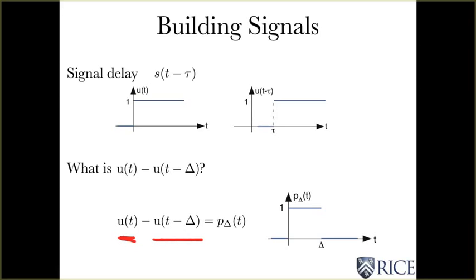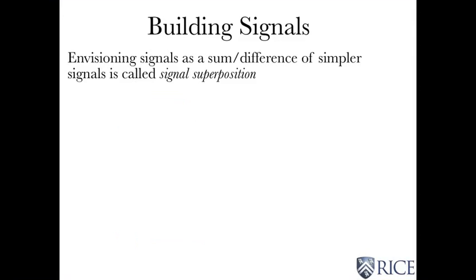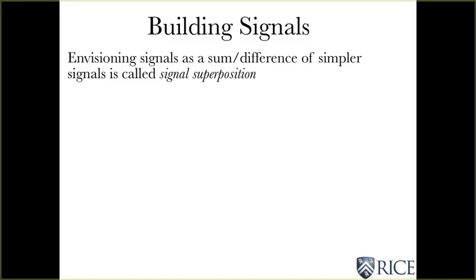I actually look at this pulse and I see those two components when I look at it. Well, let's try an example here to see how this works for a little bit more complicated case. So this thinking about signals as a sum or difference of simpler signals is called signal superposition. This word superposition is going to occur again and again here. So superposition means just to add them up.